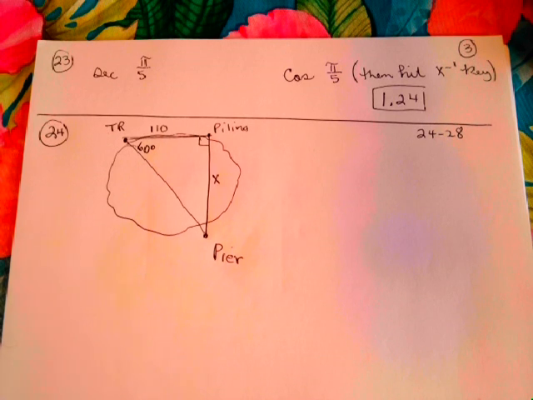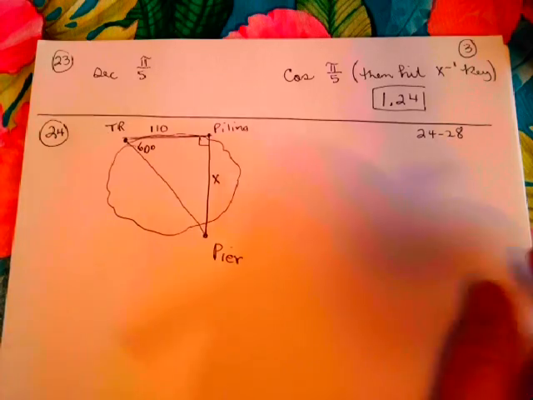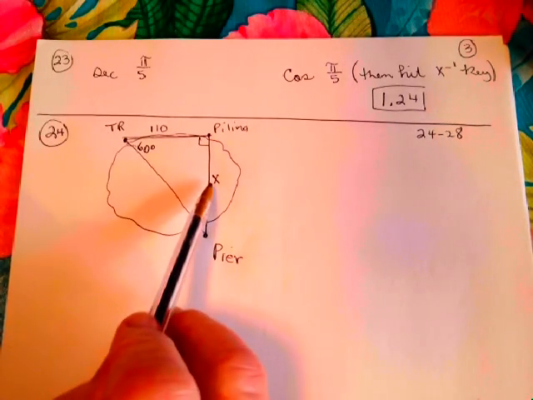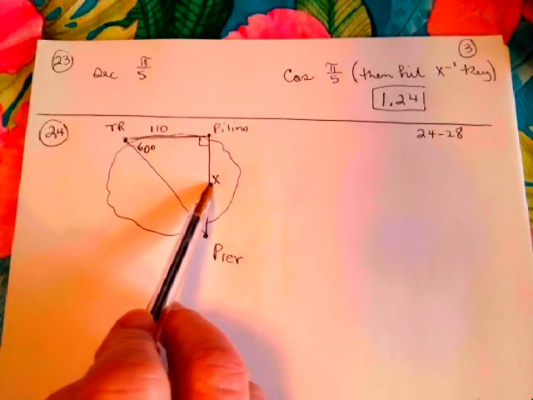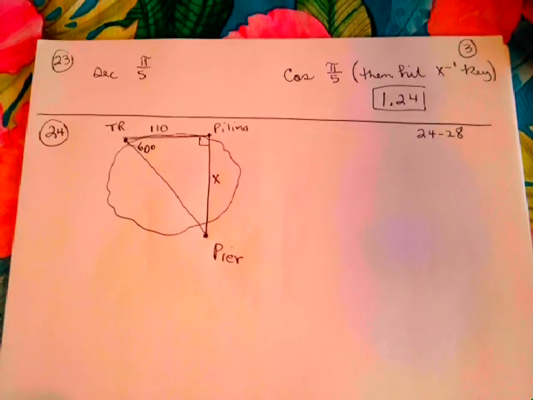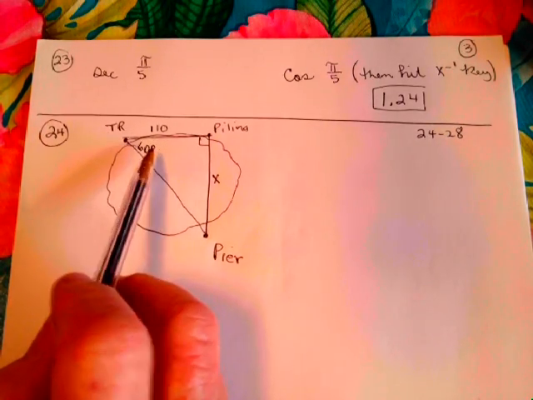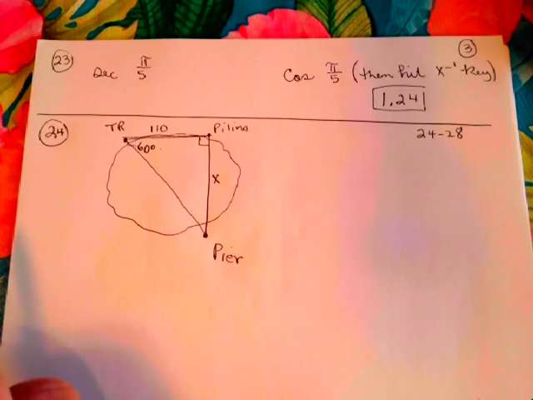You look at the given information. You think of which trig function includes the information given. I know that I am looking for the side opposite the 60-degree angle. I've been given the side adjacent to it.